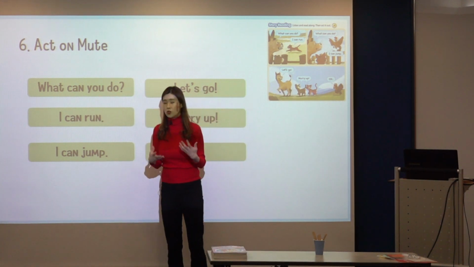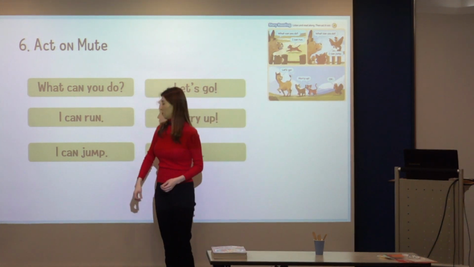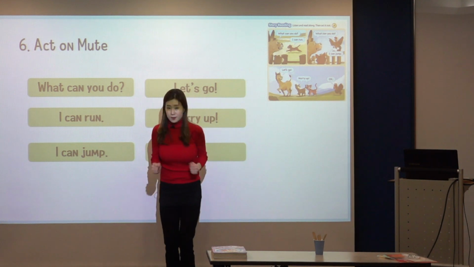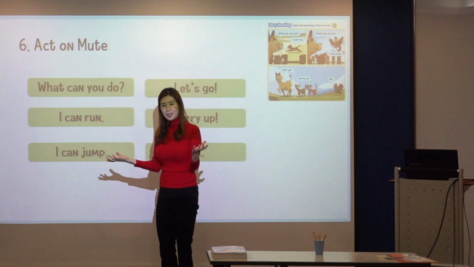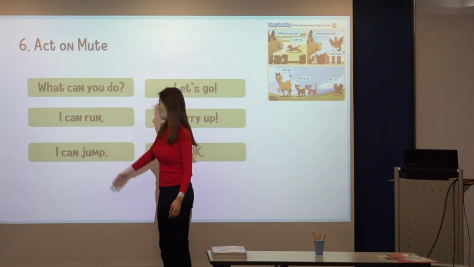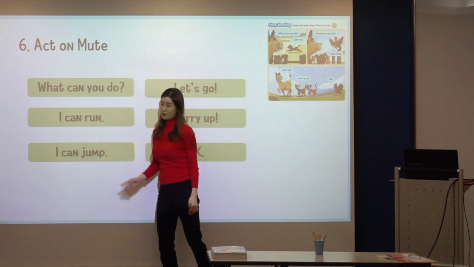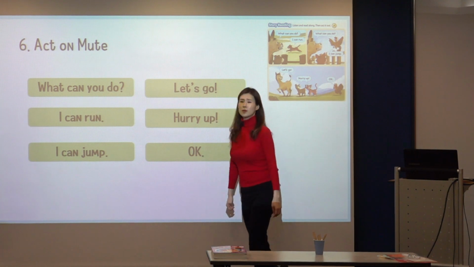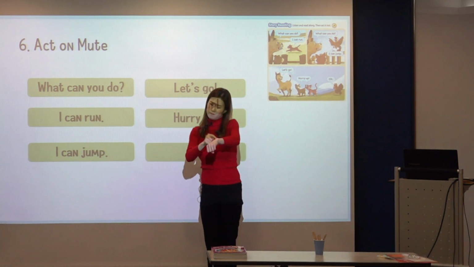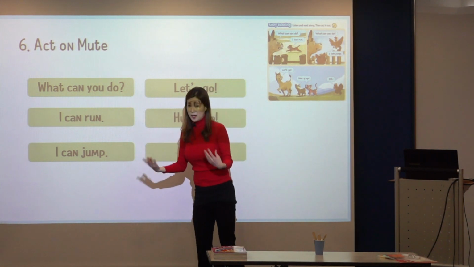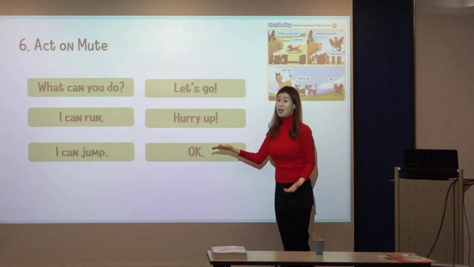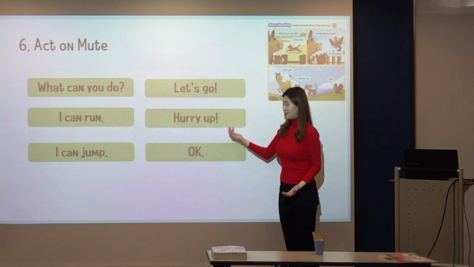Teacher should model first. So you do like, what do you think I just did? That's right, I can run. How about this one? I just tried to express this sentence, hurry up, okay?